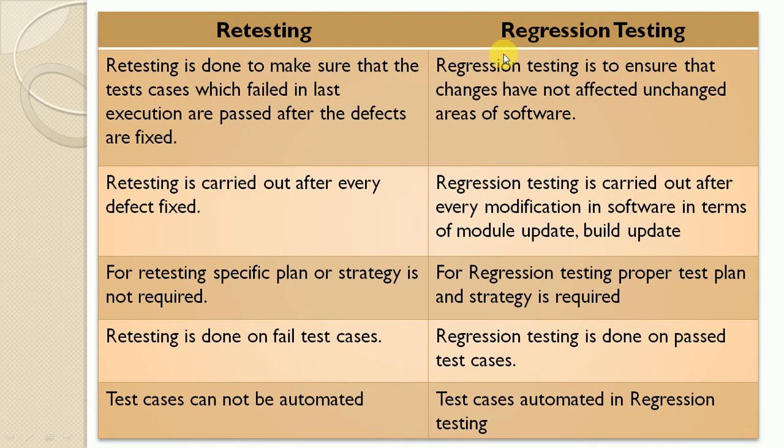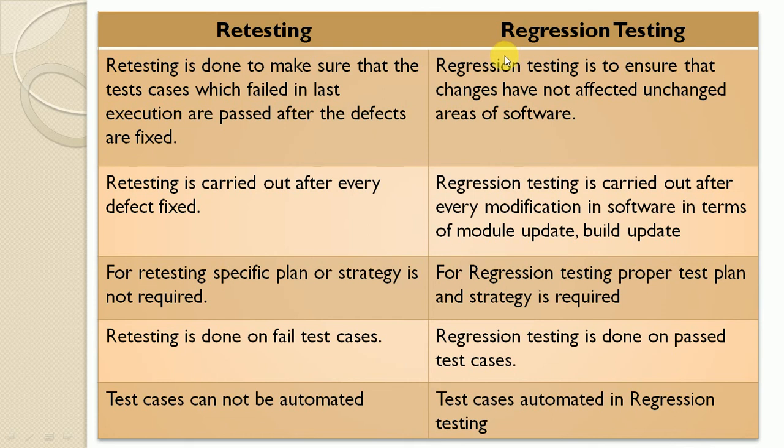We go for sanity testing whenever we have a minor update or change. But for regression testing, whenever we have any update in the software, for example if your customer adds something, removes something, or updates something, we can go for regression testing.